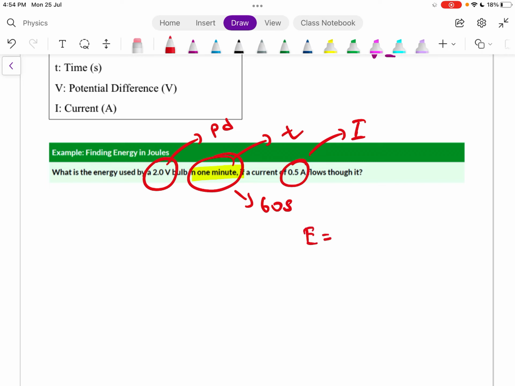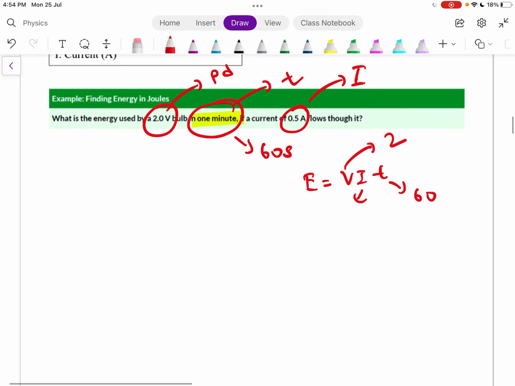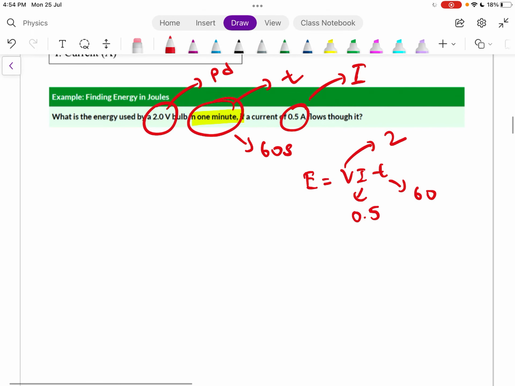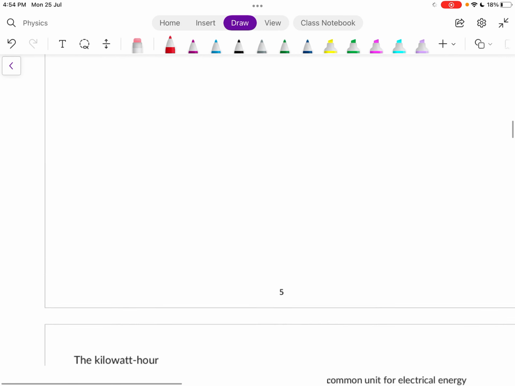So energy is equal to VIT. V is 2, T is 60 seconds, and I is 0.5 ampere. So it's roughly 60 joules. That is how we calculate energy in joules.